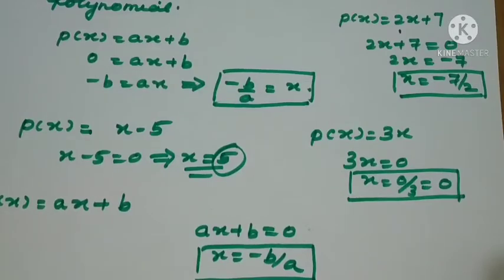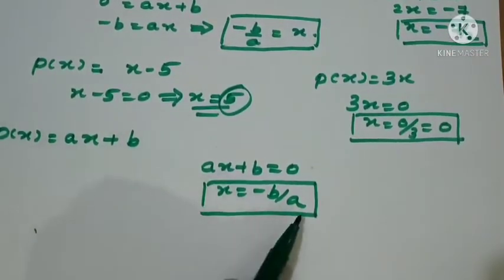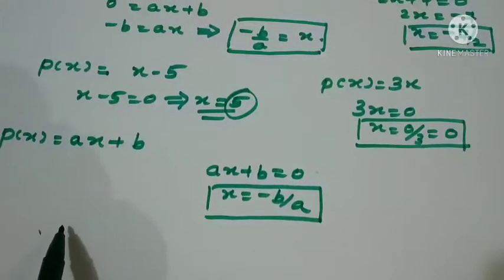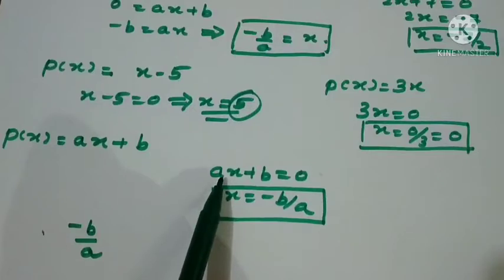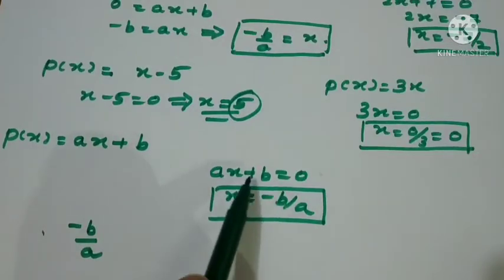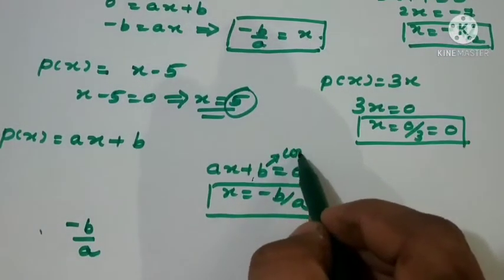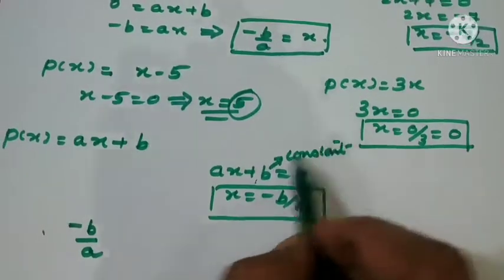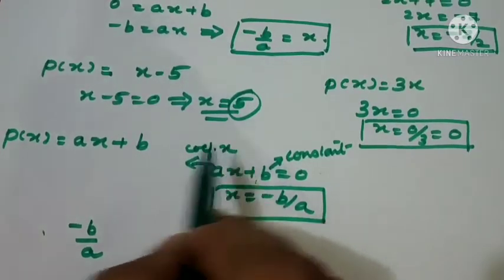Let me see that, because we got minus b by a, that is the zero of the polynomial, right? So I'll write here, minus b by a is called the zero of the polynomial. Now what is our polynomial? ax plus b only. What is b here? In place of constant. What is a here? a is the coefficient of x, right?